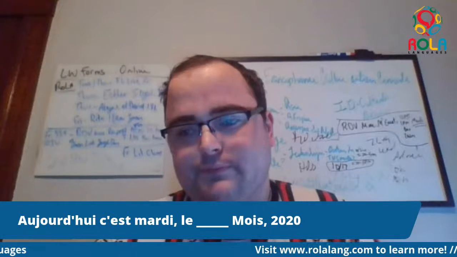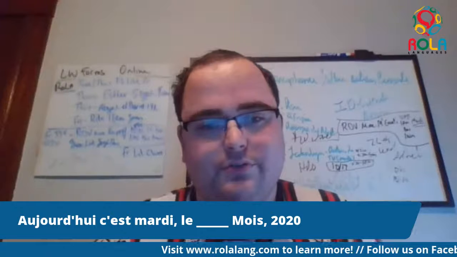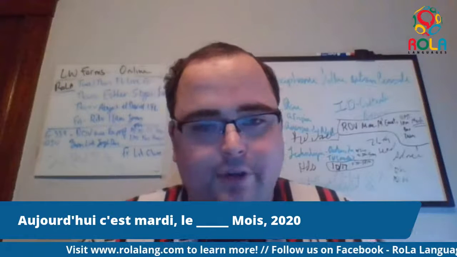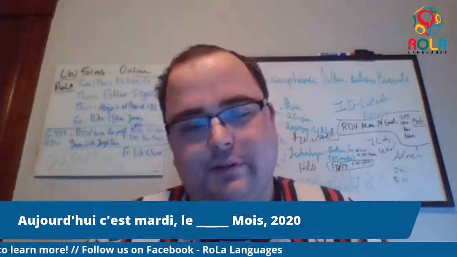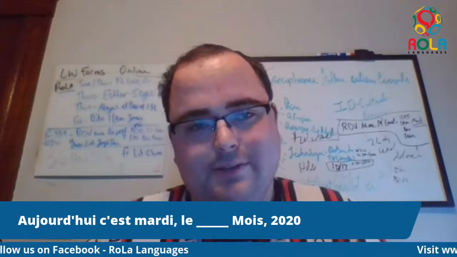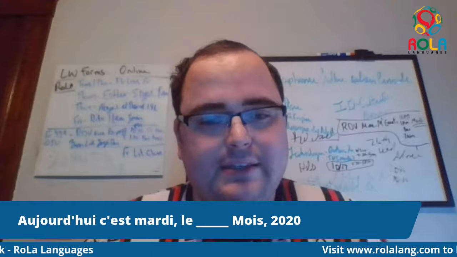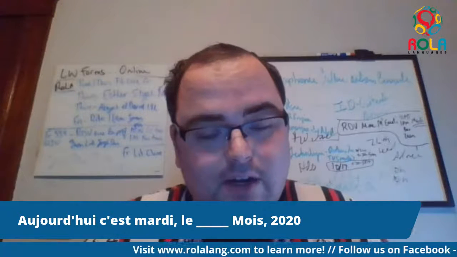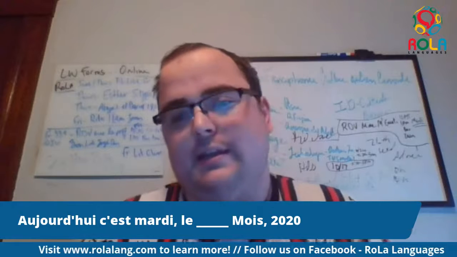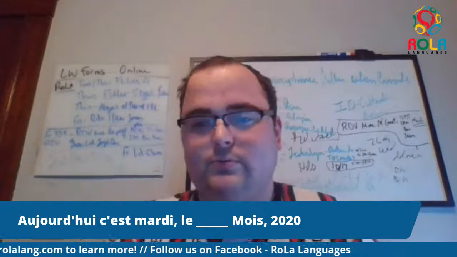So what I would say there is aujourd'hui c'est mardi le 29 septembre 2020. I should have put another blank there after for moi, but that's a little difficult. Très bien tout le monde.